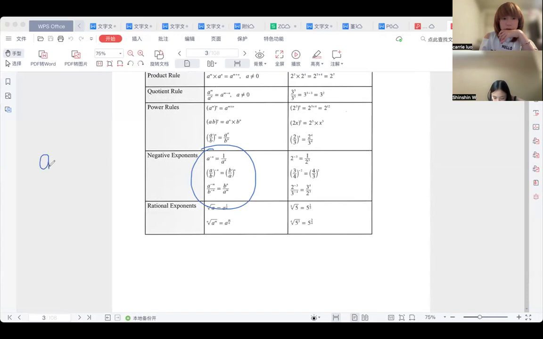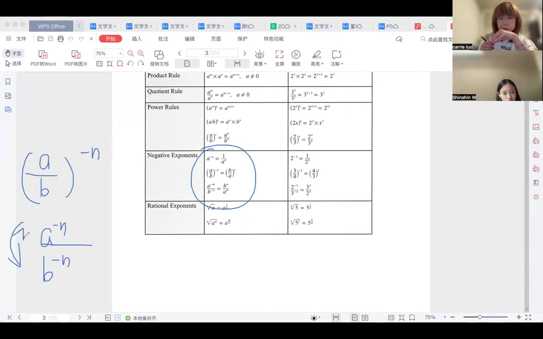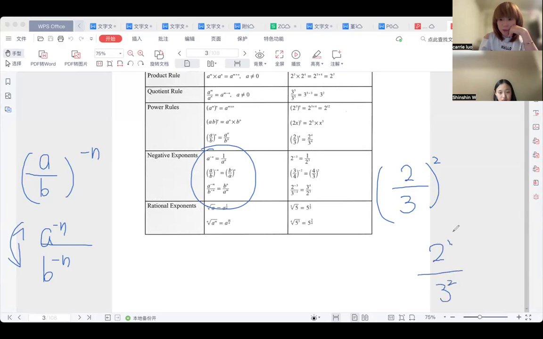Let me tell you, a over b to the power negative n, and a to the negative n over b to the negative n, are actually the same. So let me just give you an example. 2 over 3 squared is the same as 2 squared over 3 squared. Don't you agree with me? So all the rules are still the same, no matter whether it's negative or not. Okay?